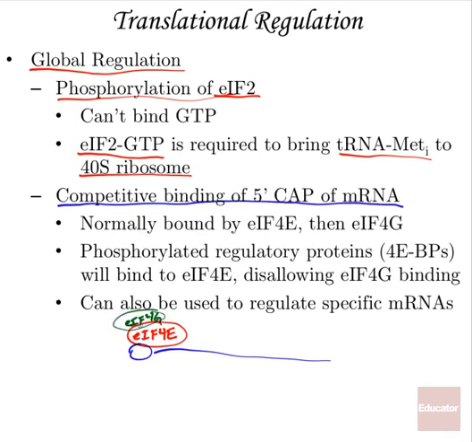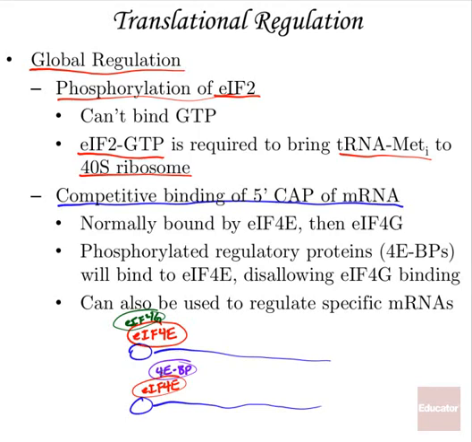But phosphorylated regulatory proteins called 4E-BPs, binding proteins, can bind EIF4E. If EIF4E is bound by these 4E binding proteins, the binding of 4E-BP will not allow EIF4G to bind, and therefore you will not allow translation to occur.